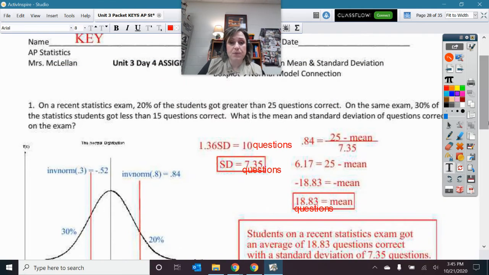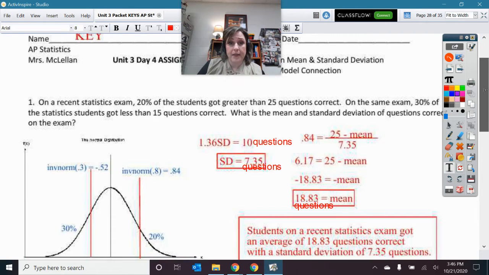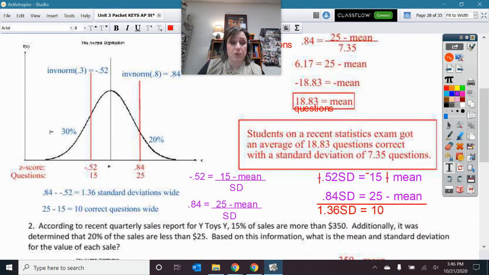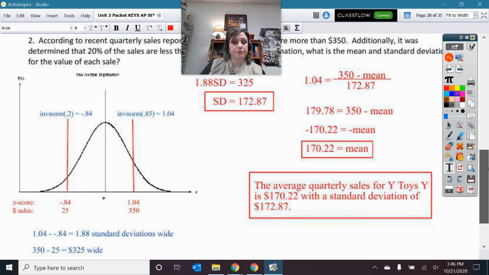Okay, so that brings us back to basically what we had up here, where we set those two distances equal. So either way is fine. You don't have to do it with this picture. If you don't have the picture, you would have to show the z-score formulas. Work has to be shown in one way or the other.